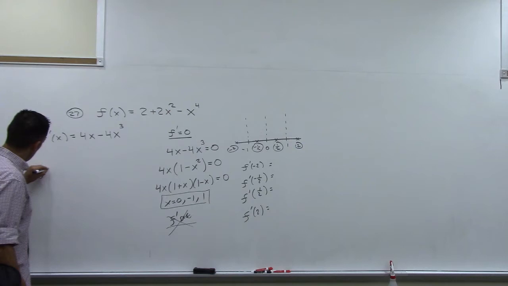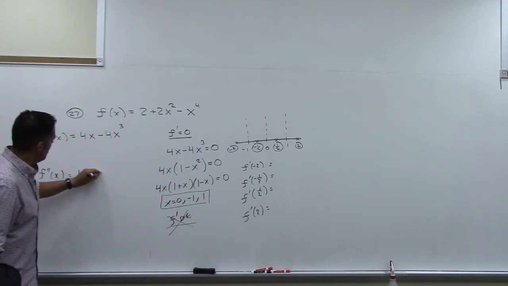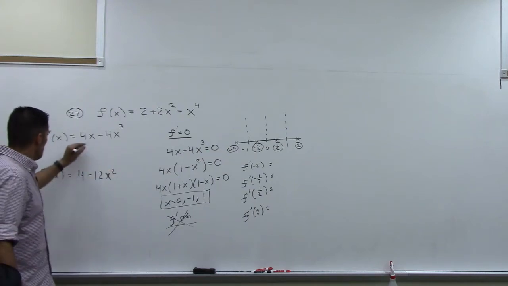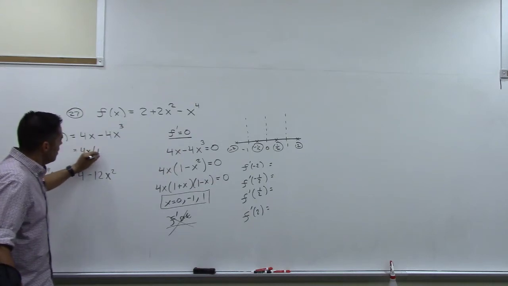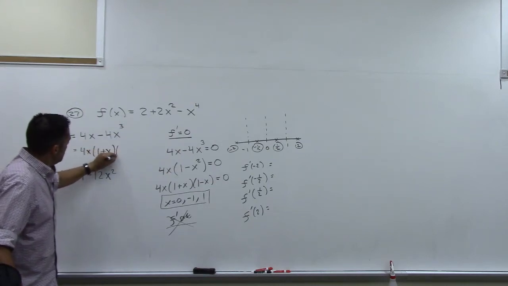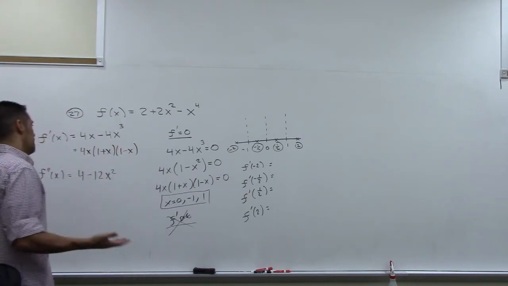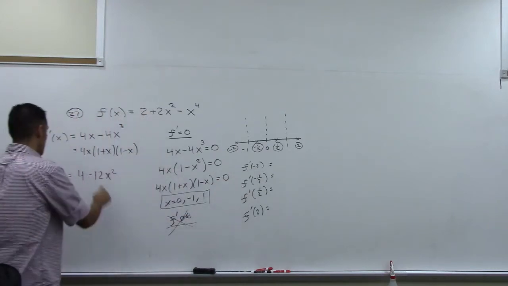F double prime of x is 4 minus 12x squared. Okay, so what I was saying is if you rewrite this in its factored form, like that, it's much easier to see if we're going to get a positive or a negative number out. So take -2 and plug it in here.